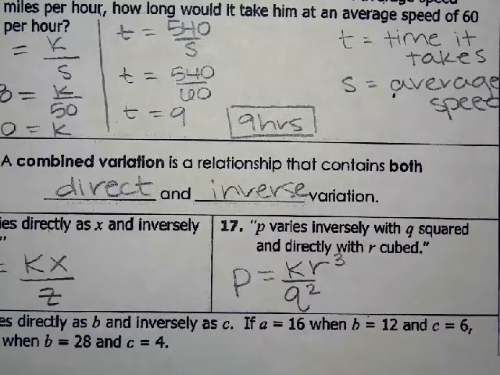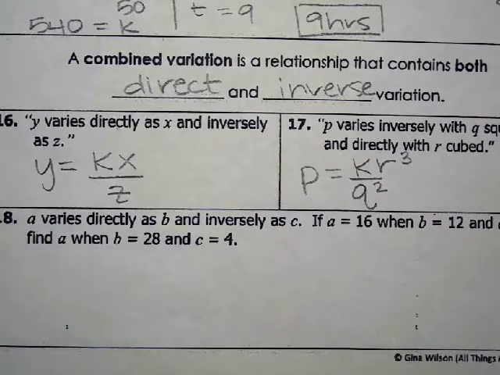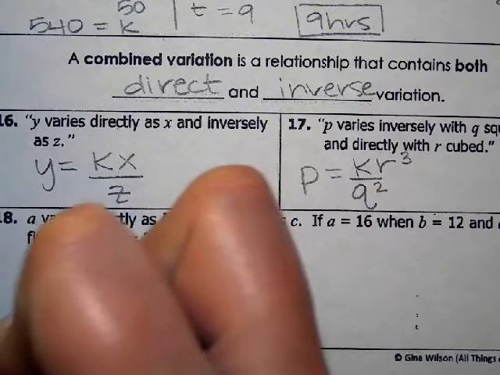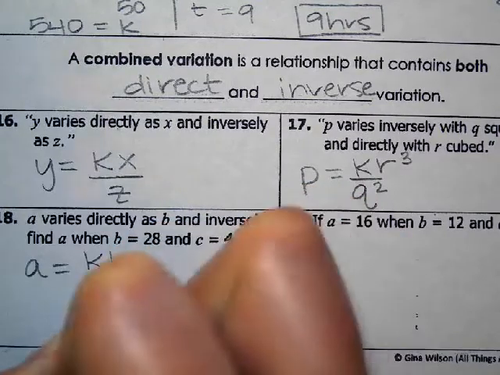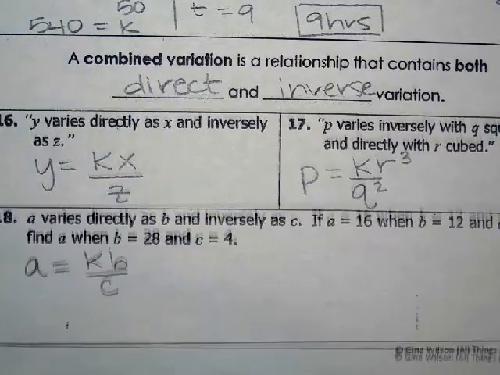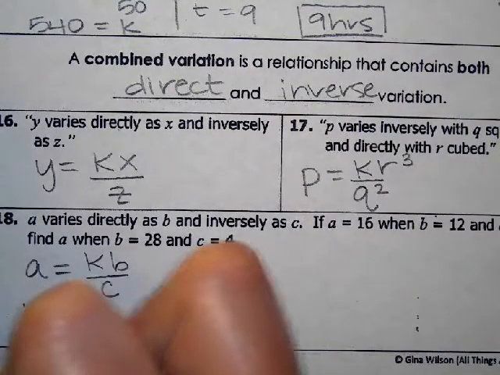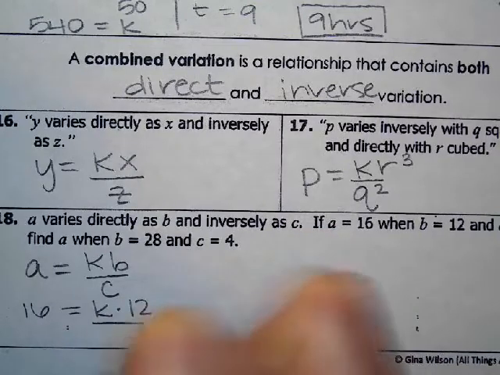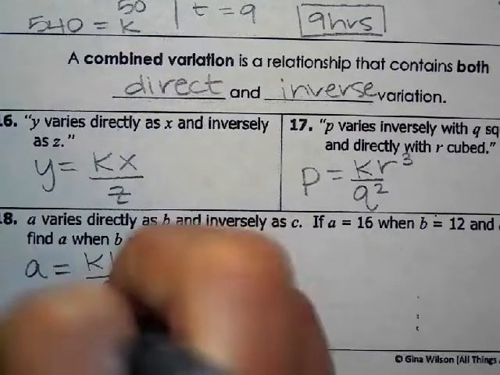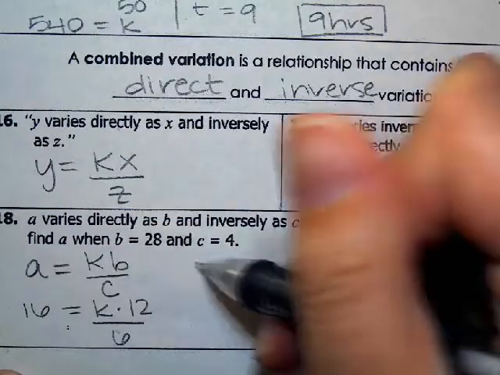All right, let's do this last problem. A varies directly as B and inversely as C. Okay, if A equals 16 when B is 12 and C is 6, okay, so we got to find K. Well, we've got 12 divided by 6.